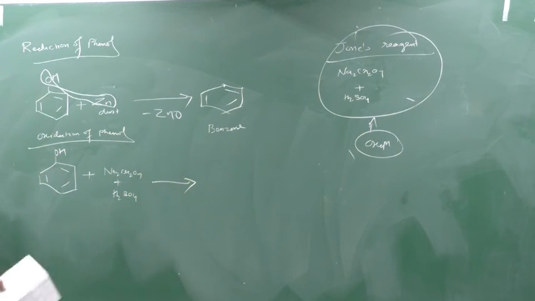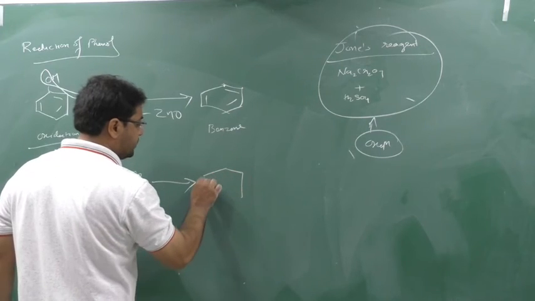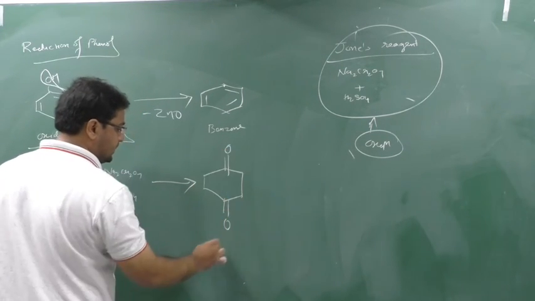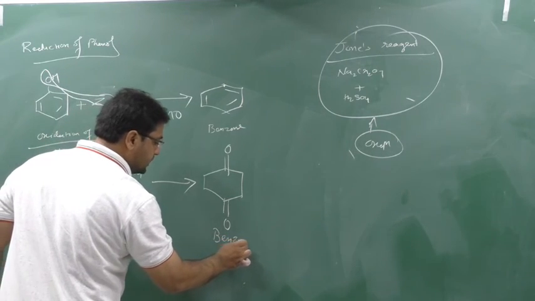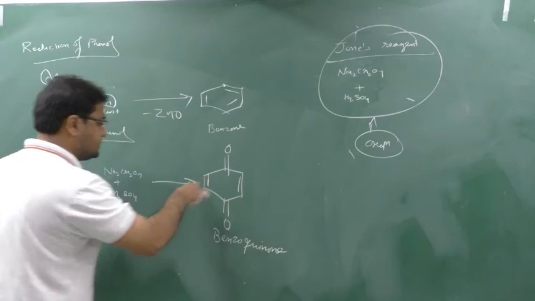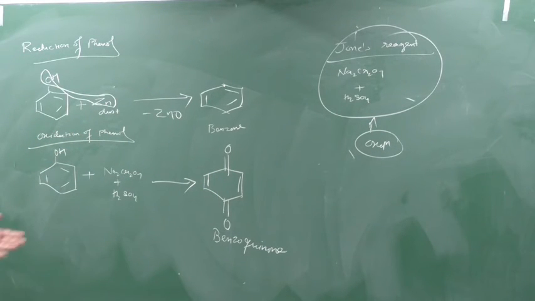What do you mean by oxidation? Adding of oxygen or removal of hydrogen. So the product you will get is benzoquinone. You have to mug it up. Directly I am telling, no mechanism, nothing. This is your benzoquinone.